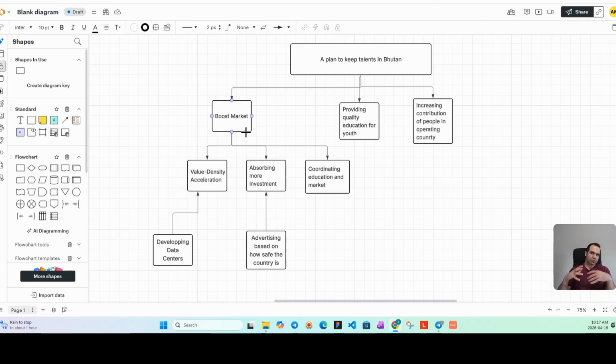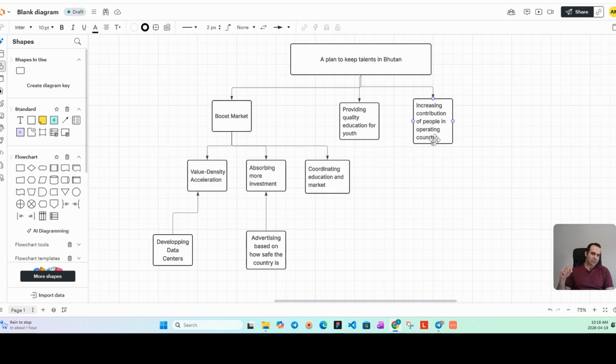If we boost the market, which means we have more projects, we identify the needs and boost them. Then when we educate people, we have qualified people to provide for the needs.